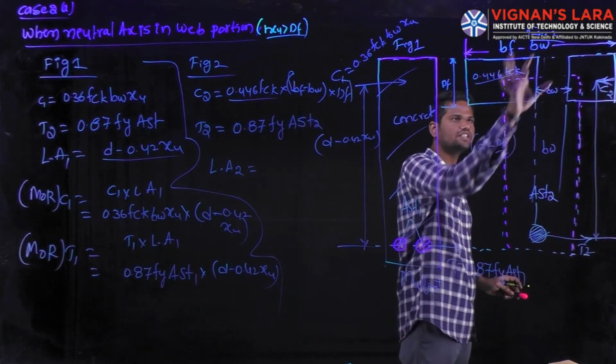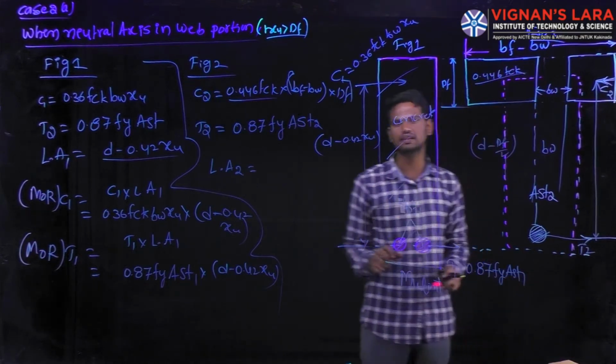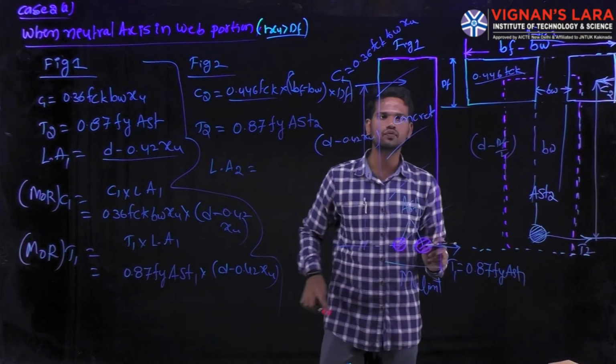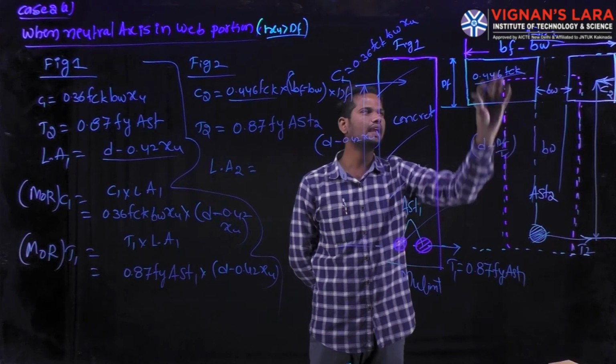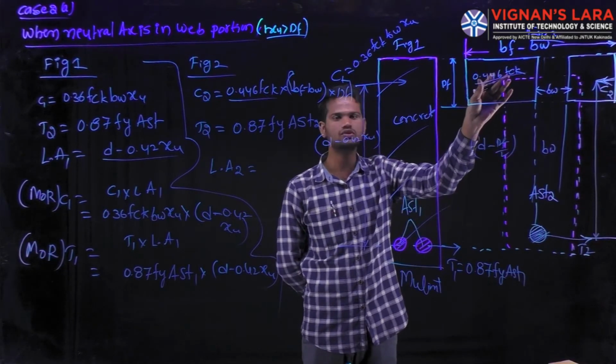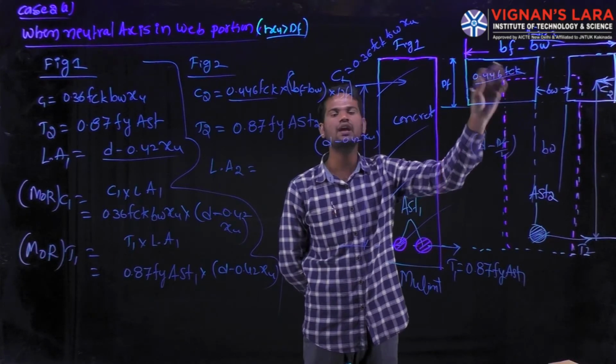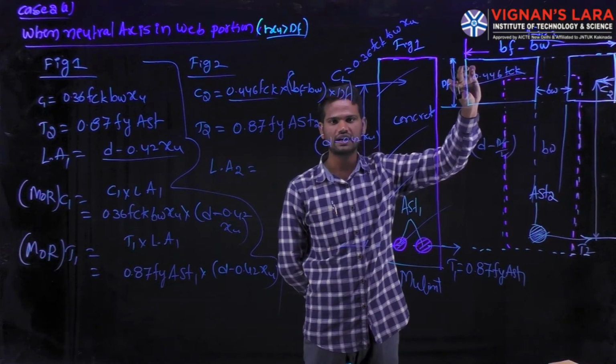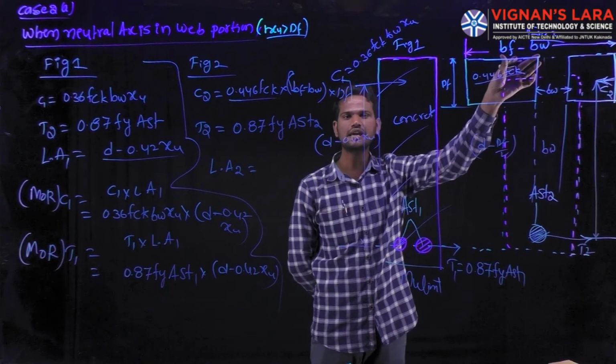For this flange portion, we have to calculate the compressive forces. That compressive force equals stress into area of this flange portion. The stress acting on the concrete is 0.446 into fck, and to calculate the area, df into the width of the flange, bf.